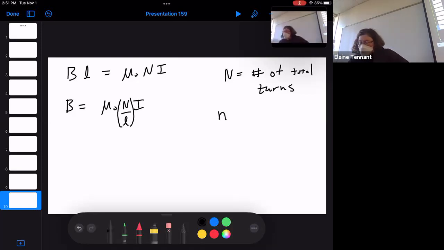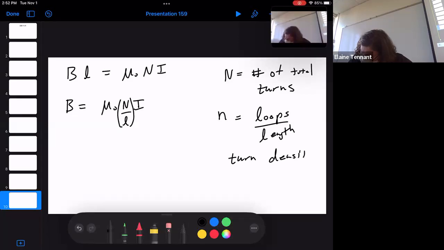So if I wrap that wire around a solenoid 100 times, N is 100. But we're going to introduce lowercase n, which we're going to call the turn density, which is the total number of loops per unit length. So if I have 10 loops per centimeter, that would be a lowercase n.